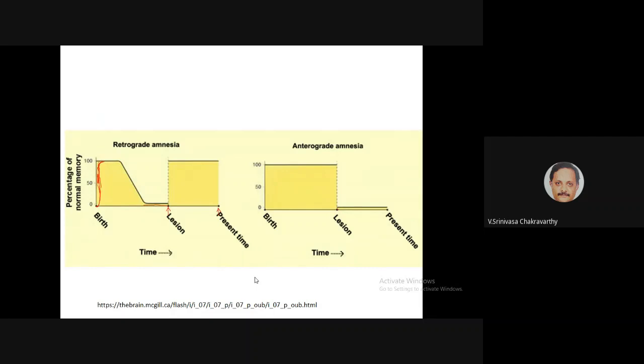With retrograde amnesia, from birth up to a point before the lesion they can remember, but the duration just before the lesion they cannot remember. They can store new memories, but they cannot remember older stuff. With anterograde amnesia, they lose the ability to store memories after the lesion. In the case of HM, this person had both. So you have to combine both these pictures.